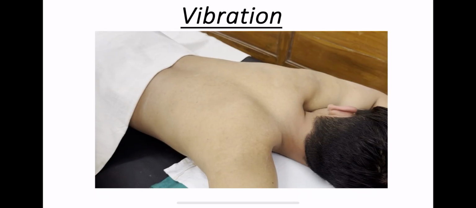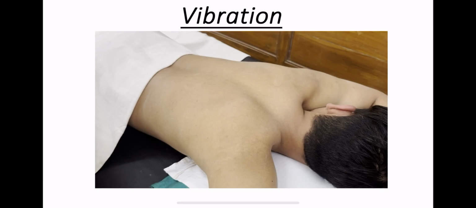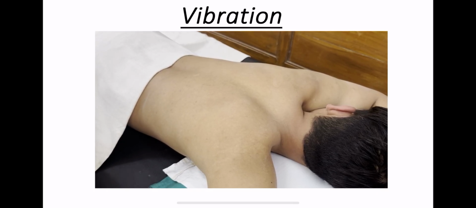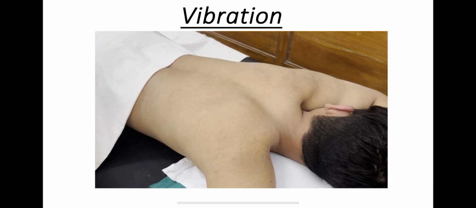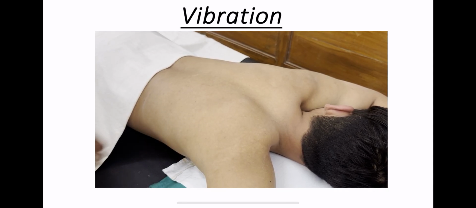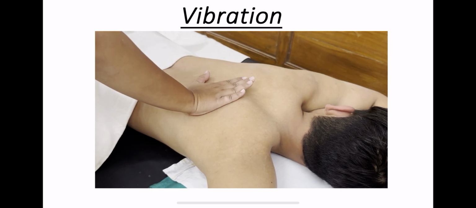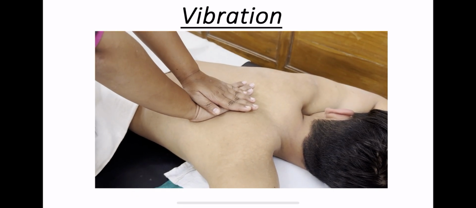Vibration. This technique involves constant touch of the therapist's hand with the patient's skin and the application of rapid intermittent pressure without changing the position of the hand. Therapist position, box standing. One hand is placed over the other, which remains in contact with the chest wall of the patient.